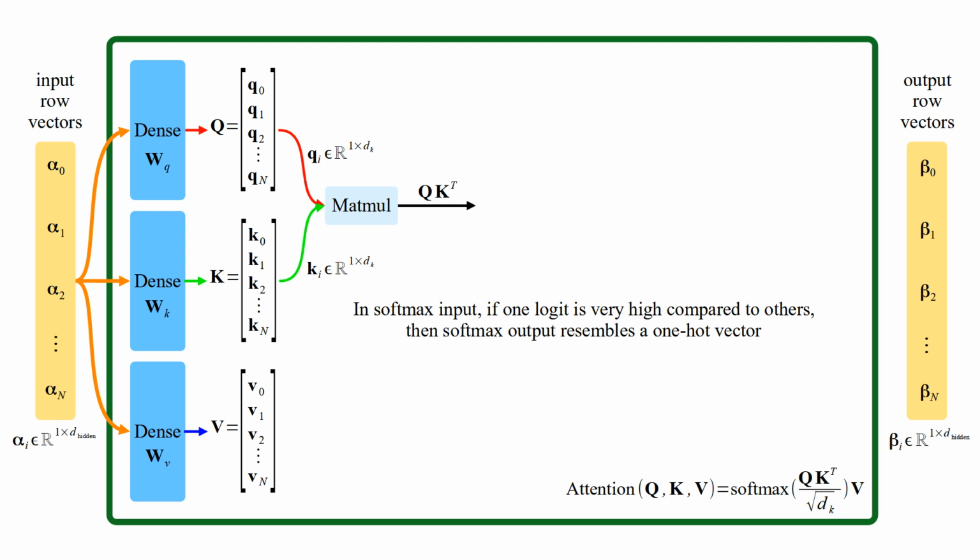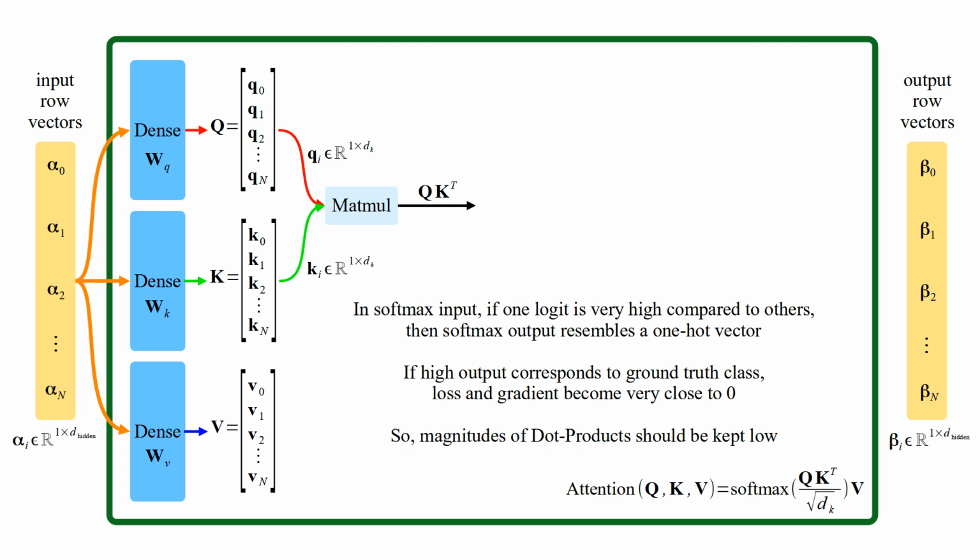In softmax input, if one logit is very high compared to others, then softmax output resembles a one-hot vector. If high output corresponds to ground truth class, loss and gradient become very close to zero. So magnitudes of dot products should be kept low.